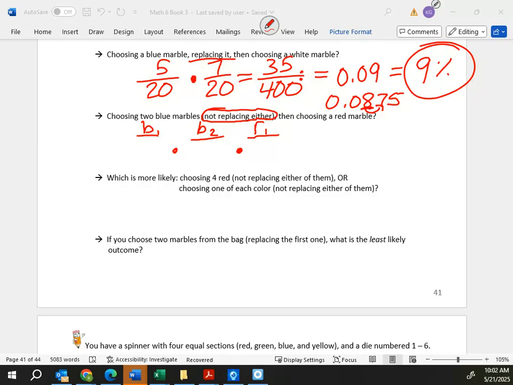Some of us are going, oh, why did she circle it? Did he replace it to that last one?